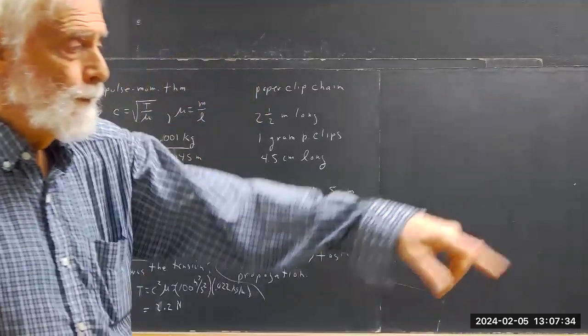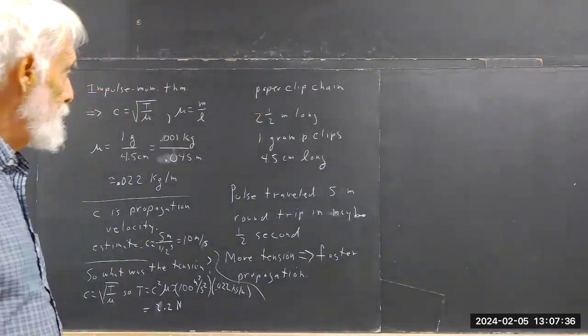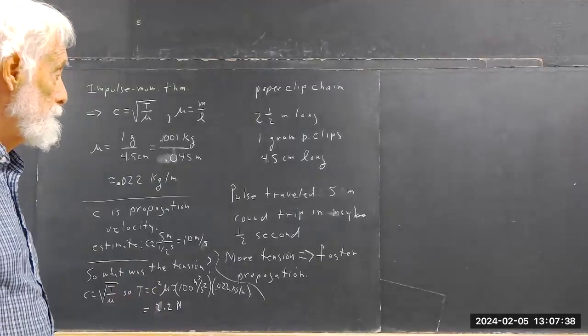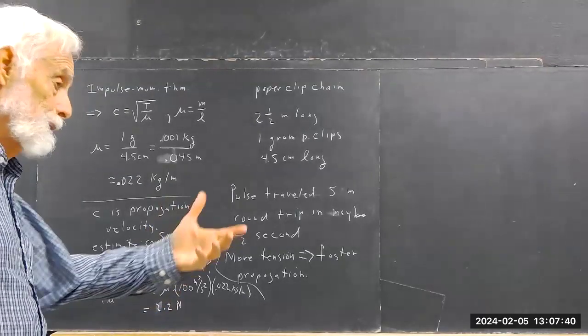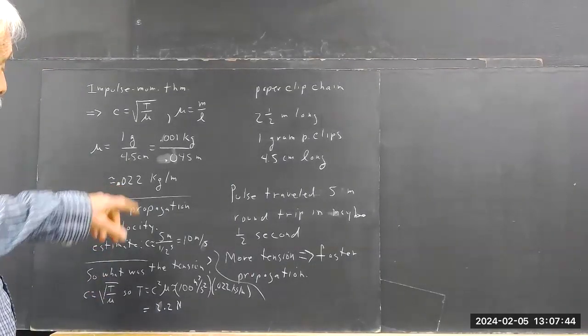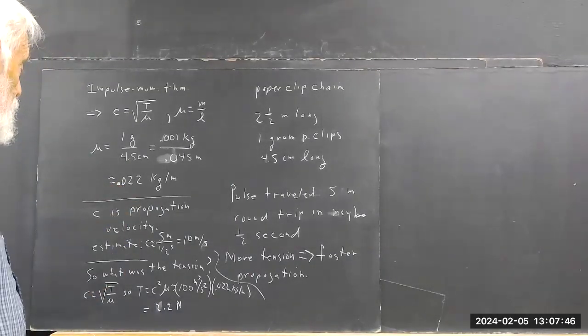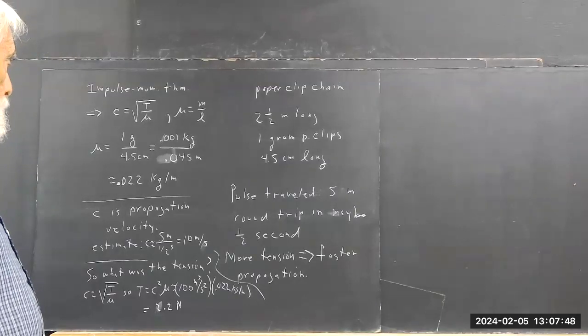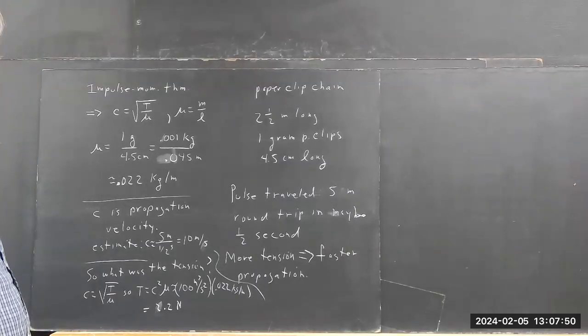Interestingly, what's the weight of that chain? Well, it's 2.5 meters long, 2.5 times 0.022. Well, let's see.